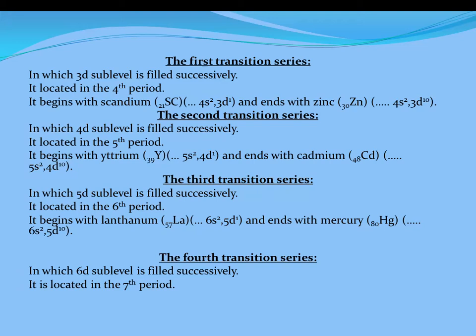The third transition series, in which 5d is filled, is located in the sixth period, and begins with lanthanum and ends with mercury. The fourth transition series, in which the 6d sublevel is filled, is located in the seventh period.